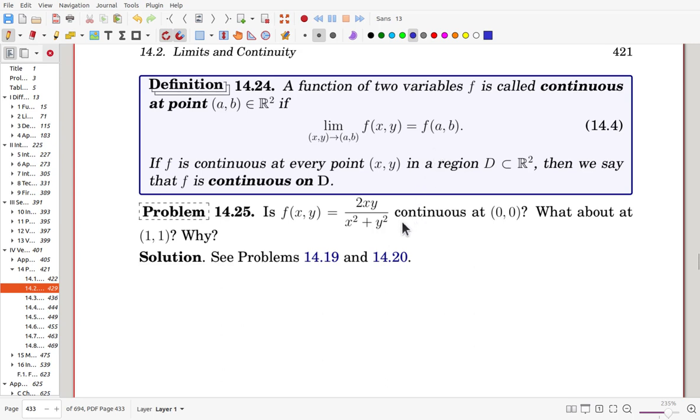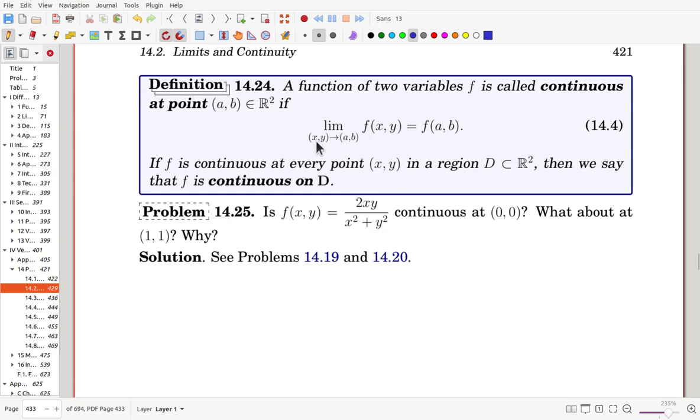But earlier we showed that this one has no limit at (0,0). So this one doesn't exist, so we cannot say that it is continuous. Also, at (0,0), the function is not defined.